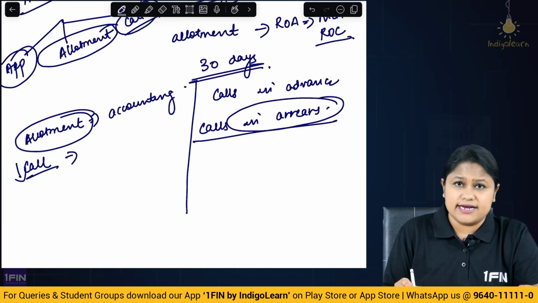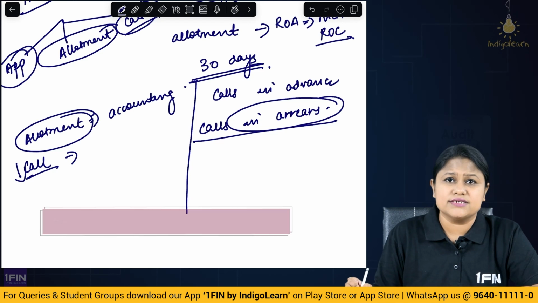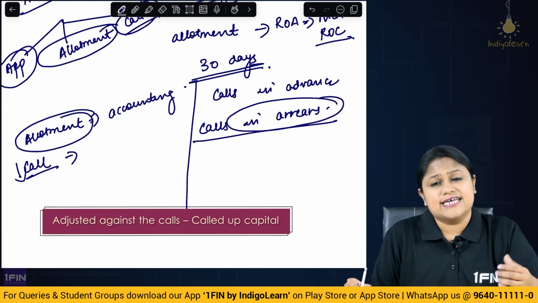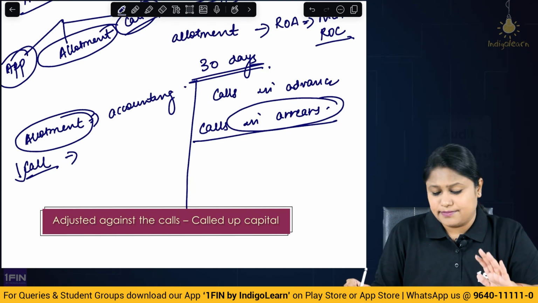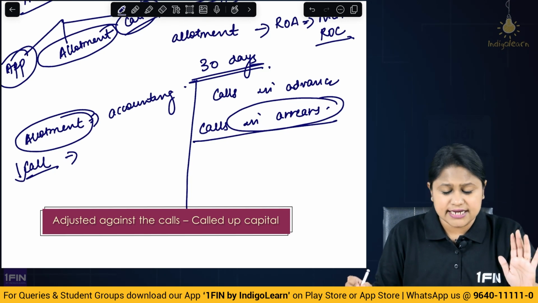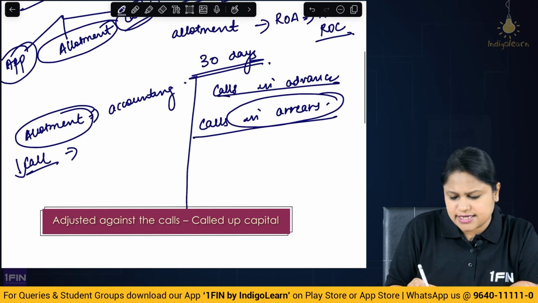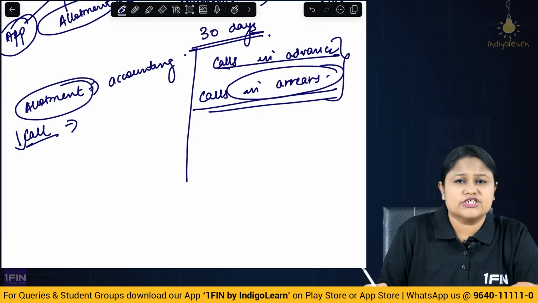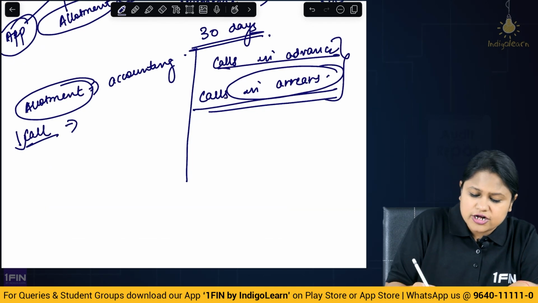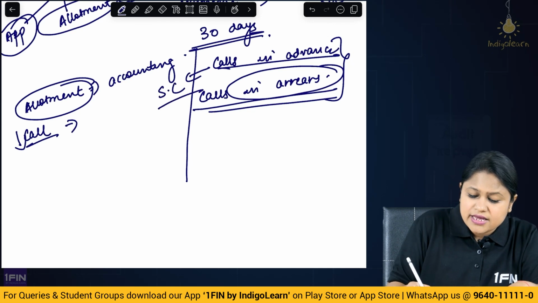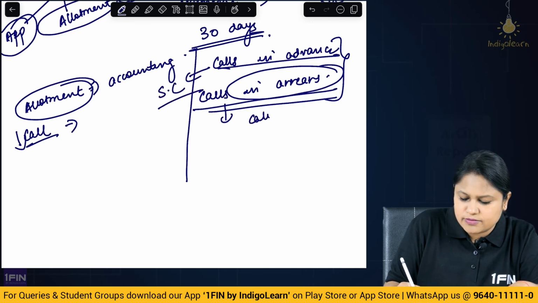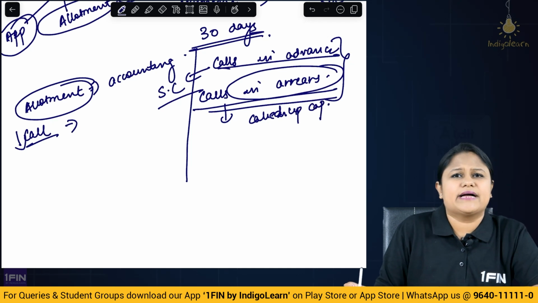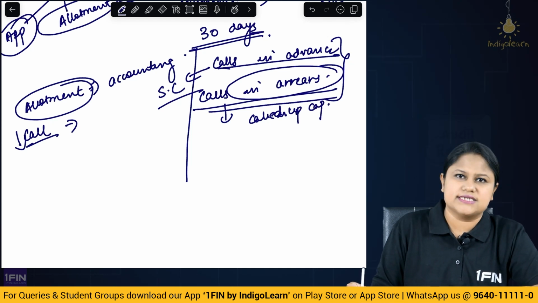This should be adjusted against the called up capital, and your paid up capital will be reflected as a figure adjusted by deducting the calls in arrears. Clear? So that is the concept of calls in advance and calls in arrears. Here accounting has to be done properly, and presentation and disclosure has to be done appropriately. Calls in advance will not be shown as share capital, and calls in arrears will be deducted from called up capital. That is, paid up capital will always be an adjusted figure for calls in arrears.